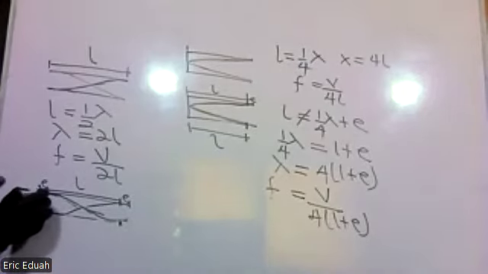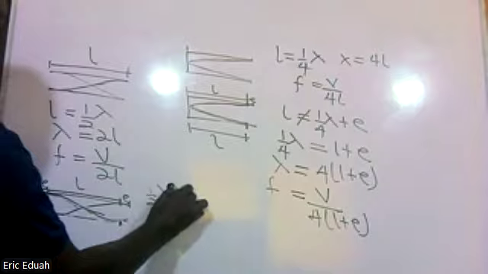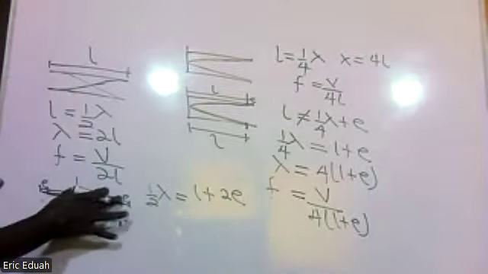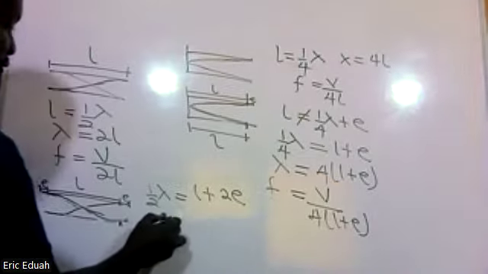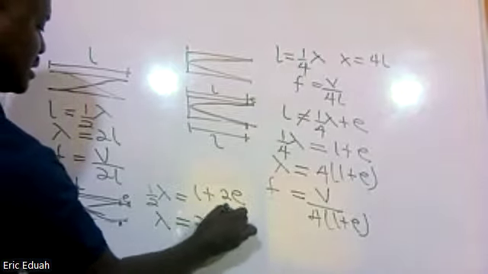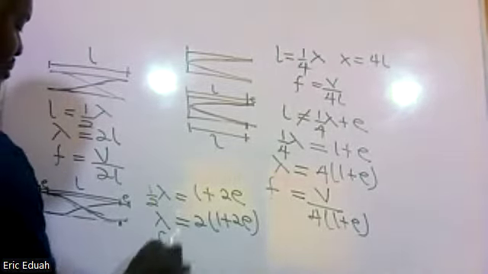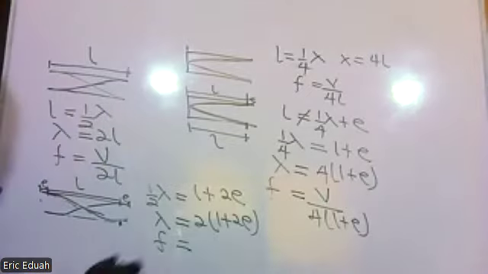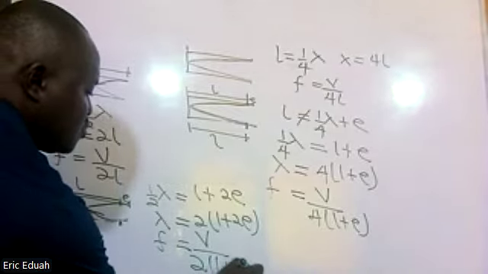So the note, which is actually half lambda, is equal to L plus 2E. This length plus 1E here, 1E here. Therefore, lambda will be equal to 2 times (L plus 2E). The fundamental will therefore be equal to V over 2(L plus 2E).